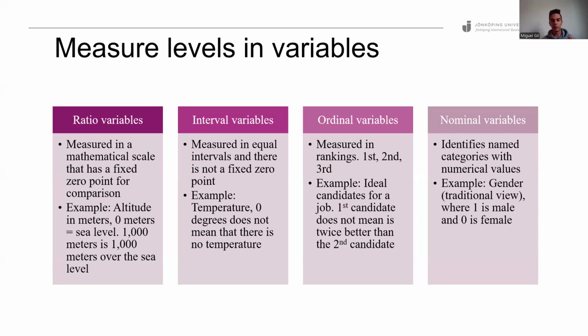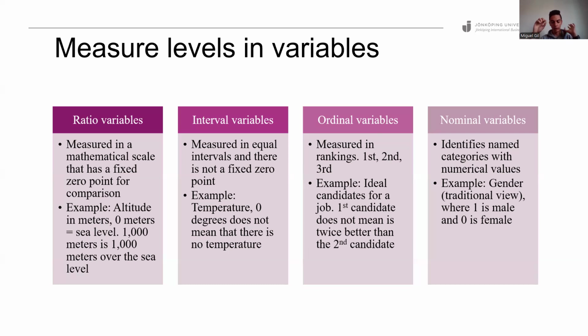So ordinal or ranking variables are like that. First is just first; it doesn't matter how far from the other. It just says first, second, and third. It's important to know this even from when you collect the data. We will discuss it in the analysis.